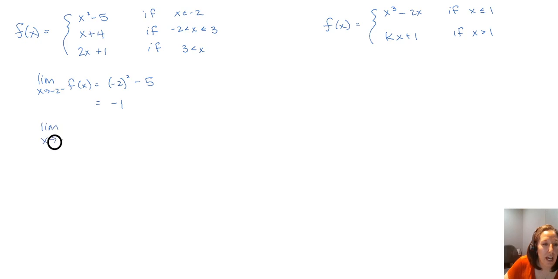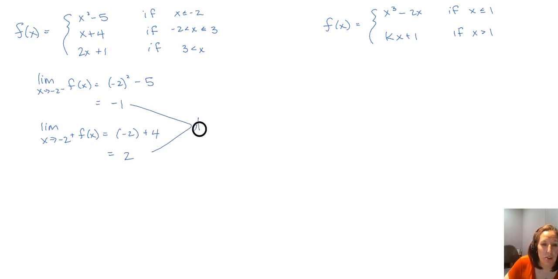The limit as x approaches -2 from the right is equal to, well, if we're just to the right of -2, that means we're getting close to -2, but we're always bigger than -2. That's going to put us in this middle category, and so our function is going to look like x plus 4. So that's -2 plus 4, which is equal to 2.